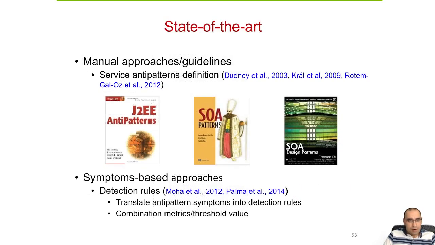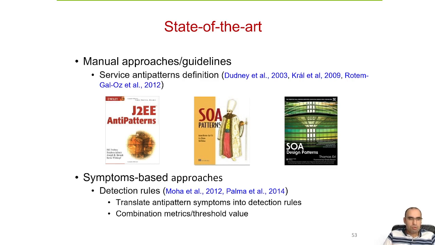There are a few books that attempted to provide a catalog of web service anti-patterns, and some existing works that also attempted to define semi-manual rules that can detect these anti-patterns using a combination of metrics and threshold values.